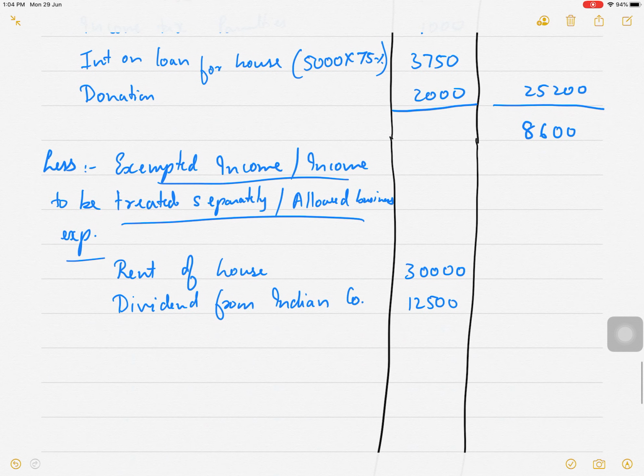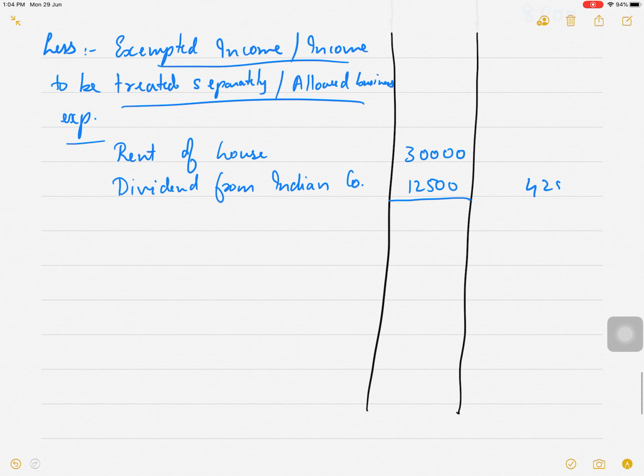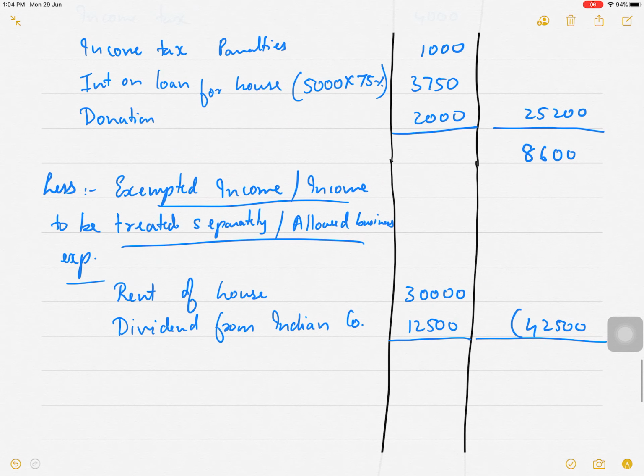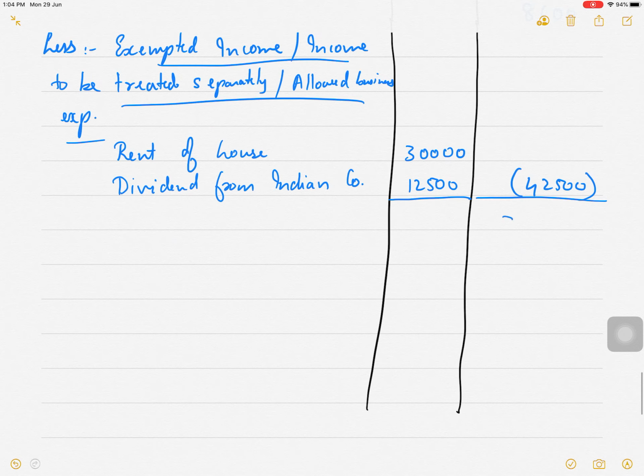That's it. 30,000 and 12,500, this amount you are adding from your P&L account, okay? Which makes it 42,500. You subtract 42,500 from 8,600. You will get a business loss of 33,900. This is business loss.